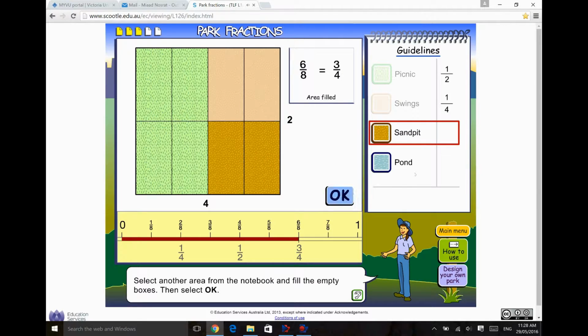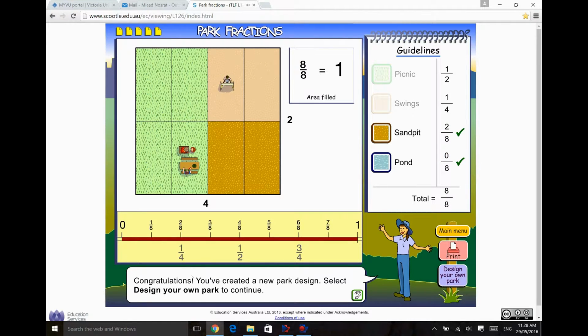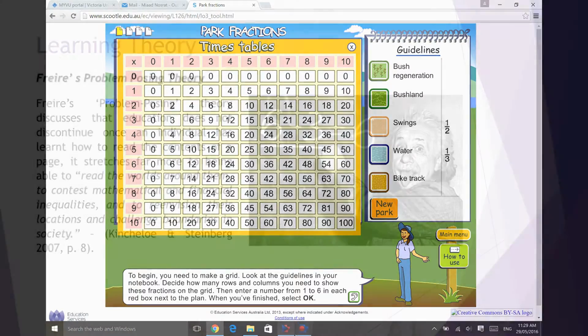Upon the completion of highlighting the park fractions, students at higher levels can begin to explore the concept of adding fractions. This is a great activity that incorporates forming and shading parts on a rectangular region model. A times tables has also been provided to further assist the students in designing their park grid.